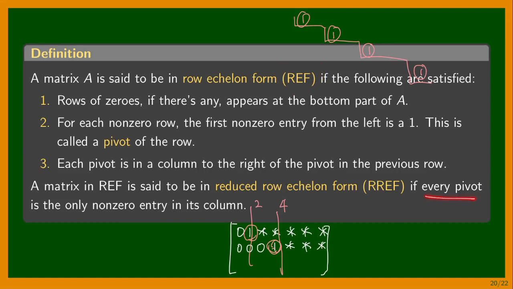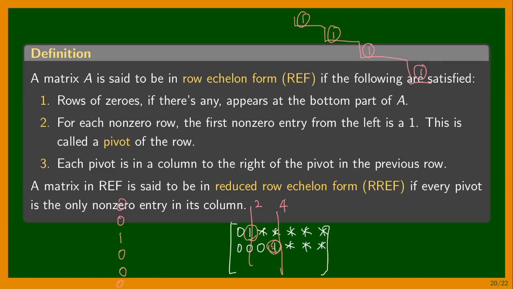Kailangan every pivot is the only non-zero entry in its column. Ibig sabihin, kung may pivot ka dito sa second row, dapat sa ibabaw nun at saka sa ilalim, puro zeros. Whenever you have a pivot in a column, all the rest in that column must be zeros.